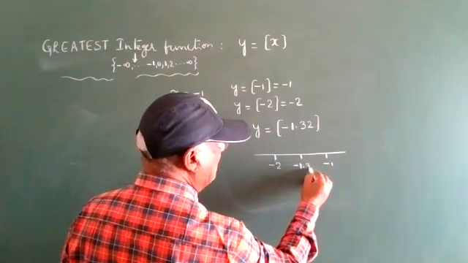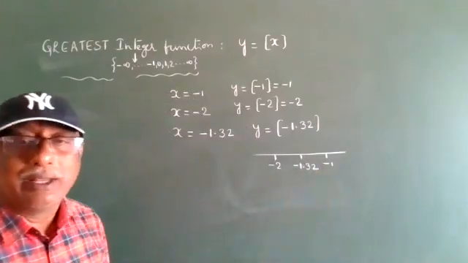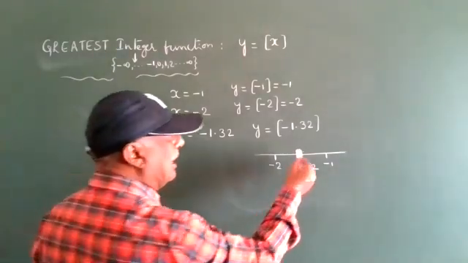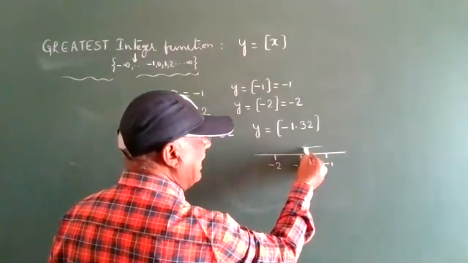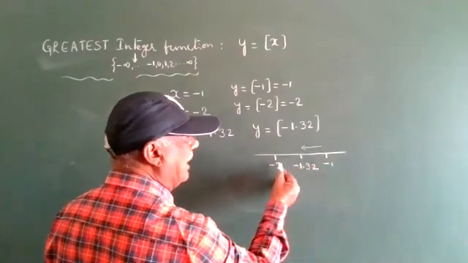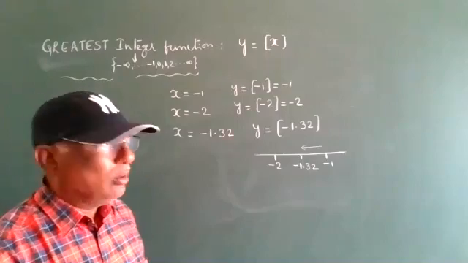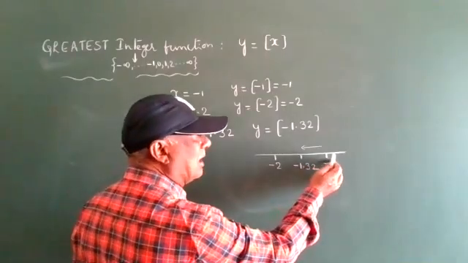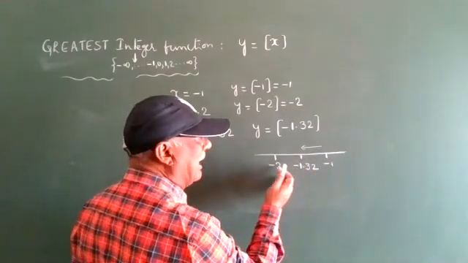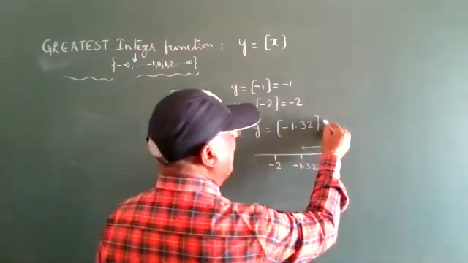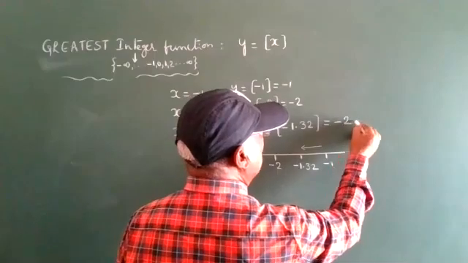So we always go through the left side. The right side is not included, only the left side is included. We go through the left side, so its value is minus 2.